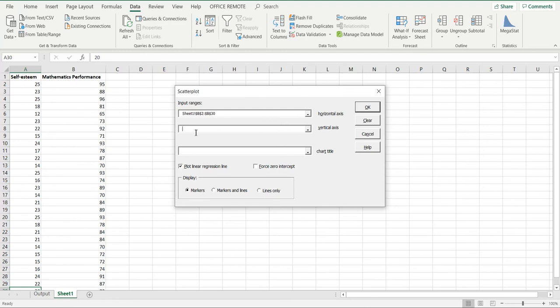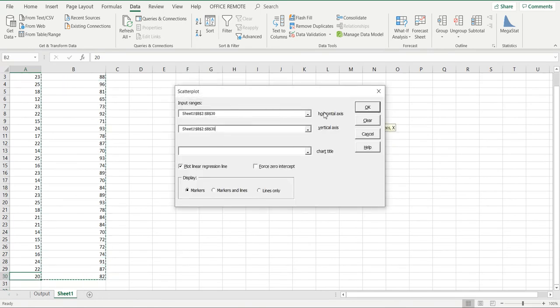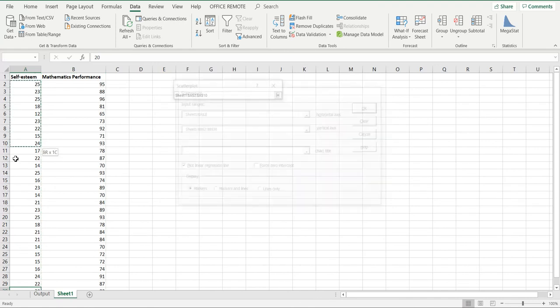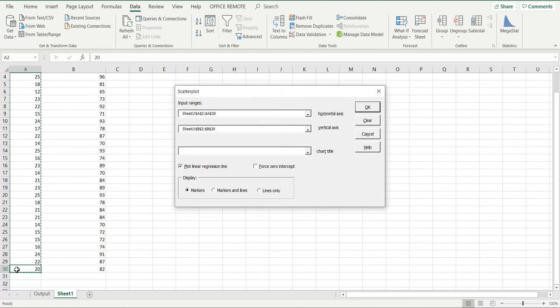The vertical axis would be the mathematics performance, and then the horizontal axis would be the self-esteem. The horizontal axis is our independent variable, and the vertical axis is our dependent variable.